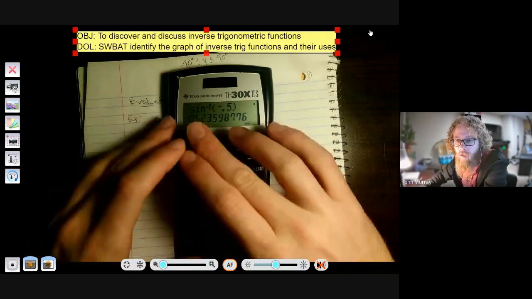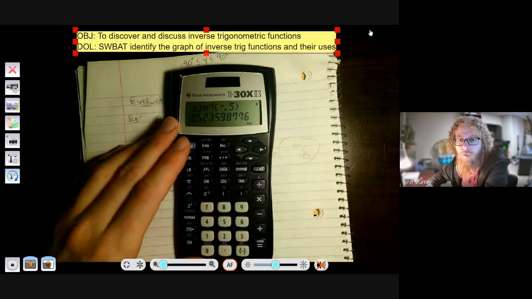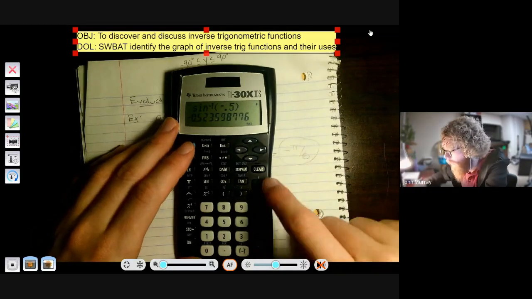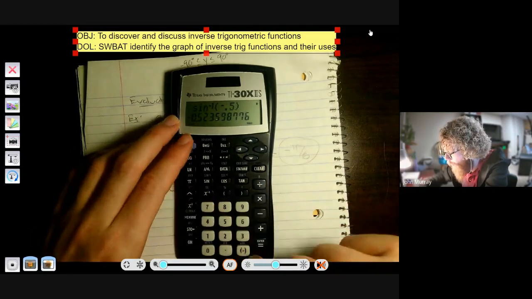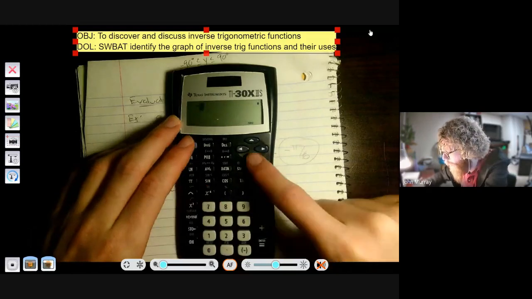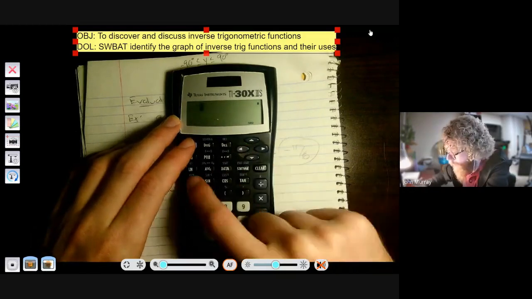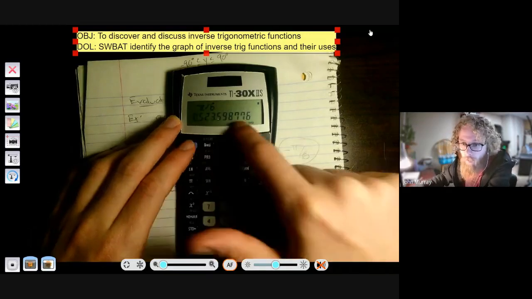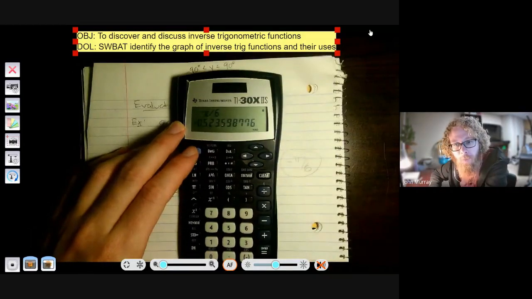Now this gets us a crazy negative 0.52359. Let's calculate this real quick. Negative pi over 6. That's the same decimal.